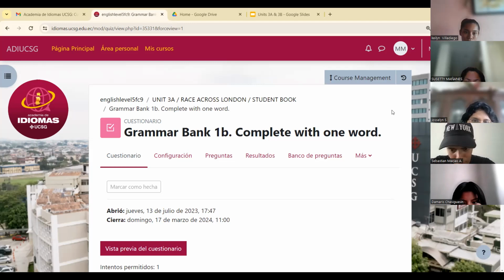And the last one, Grammar Bank 1B, complete with one word.